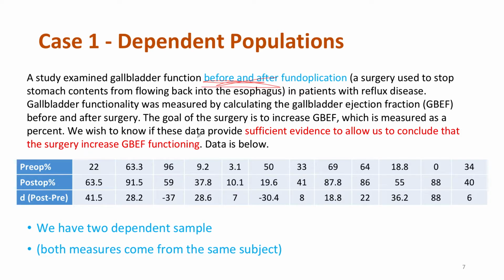We wish to know if this data provides sufficient evidence to allow us to conclude that whatever after this is gonna be the H1. So the surgery increased this. So now we know both of these two are dependent. That's why we can do D equal to post minus pre.